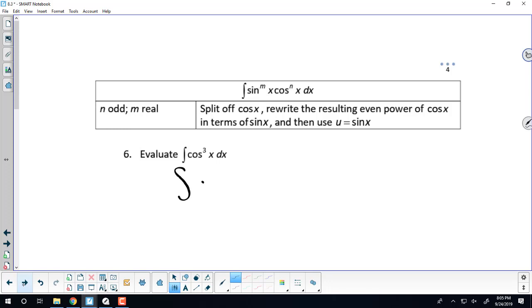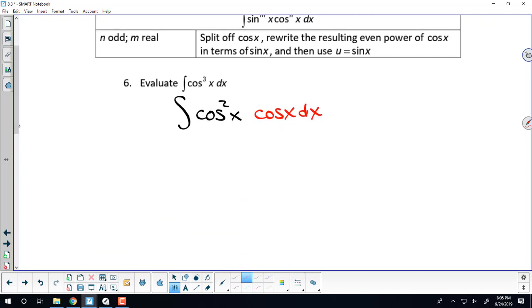We're going to split off a cosine. The thing we split off, we're going to keep with our differential, because that's essentially our du. So we're going to let u equal sine x this time, so that du is cosine x dx. For our u substitution in terms of sine, we want this cosine squared in terms of sine.